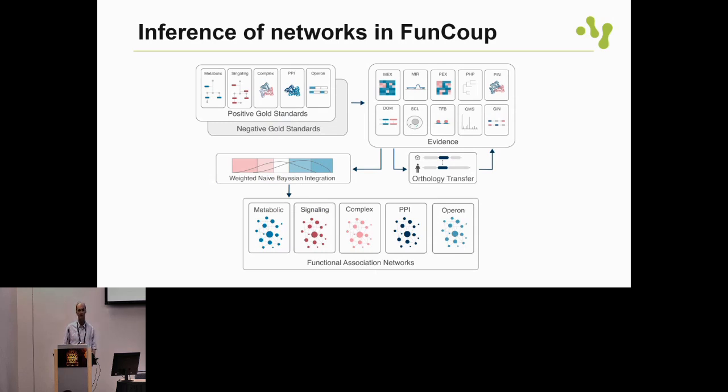With those, we can use different types of evidence and see how much information they have relative to these gold standards. That gives us, in the end, 5 different networks for each species that can either be used separately or merged into one. And there's also extensive orthology transfer, so the evidence could be in a different species.